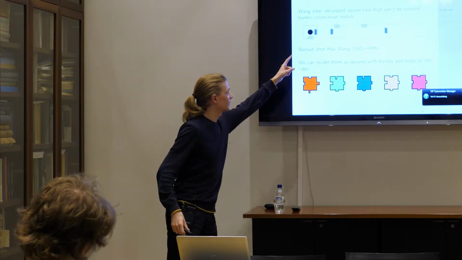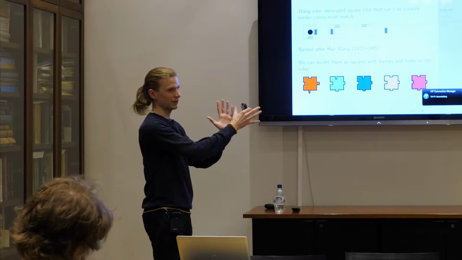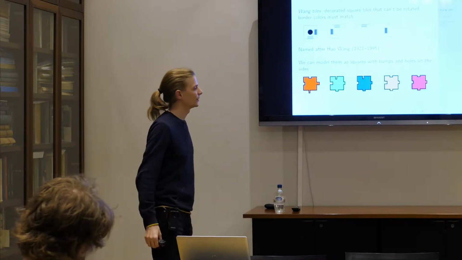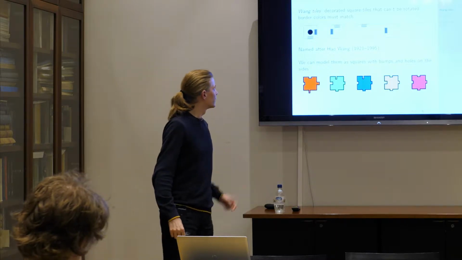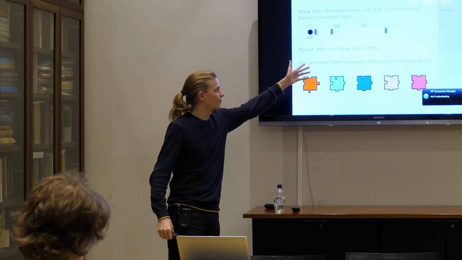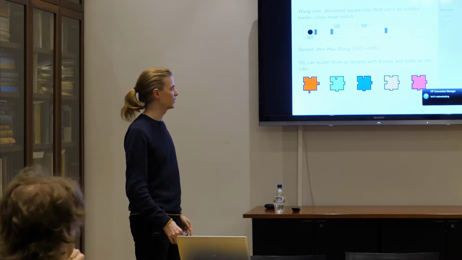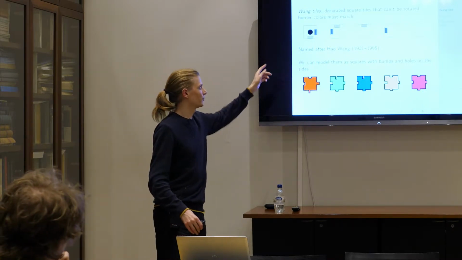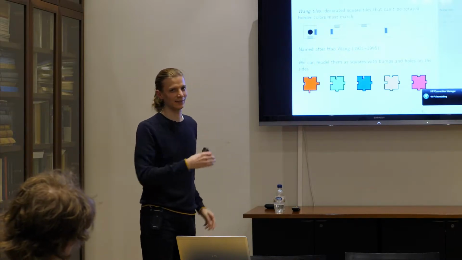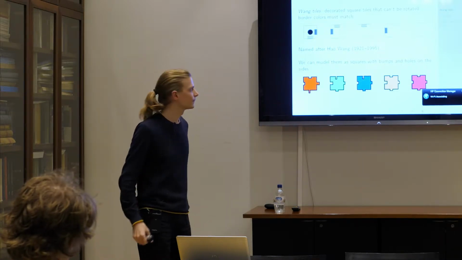So this tile and the next tile, I can put them together because they both have the dark gray marking on this border. But I cannot put it next to the middle tile because the middle tile on the left has a white border, but this tile on the right has this dark gray thing, so they don't match.